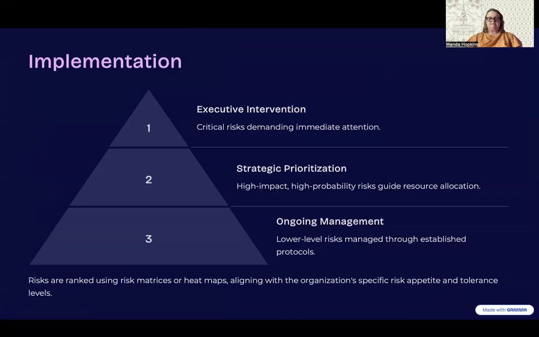On this graphic screen, I have provided you a top-down look at how risk can be prioritized during this process. Risks are ranked using risk matrices, or what we call heat maps, that align with your organization's specific risk appetite and tolerance levels. The risk management process is going to include activities that deliver management and control of risks.